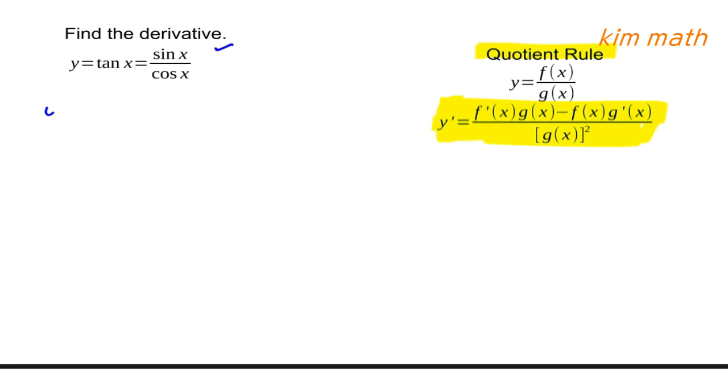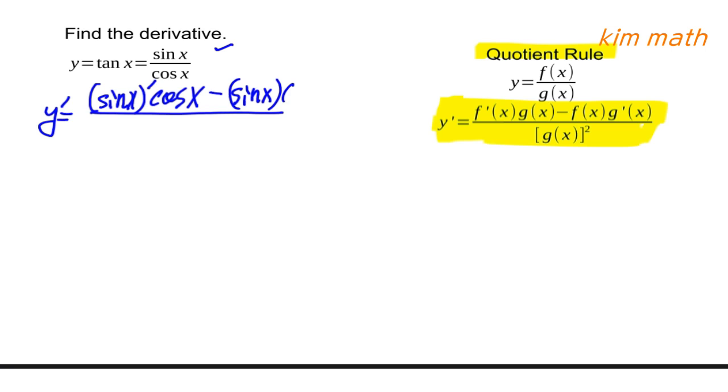So if I use the quotient rule directly here, this is f prime g minus f g prime over g squared of x. Is that correct?